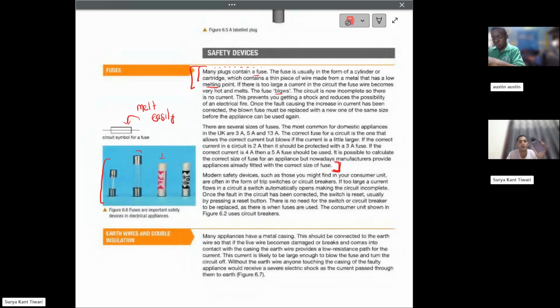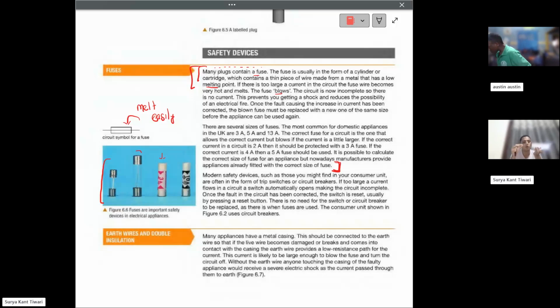Let's say this is my mobile, and it runs on electricity. If the electricity level increases, the phone can blow, or it might stop working due to too much electricity, right? So there is a fuse in the beginning.